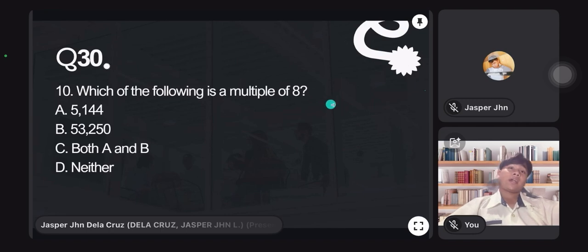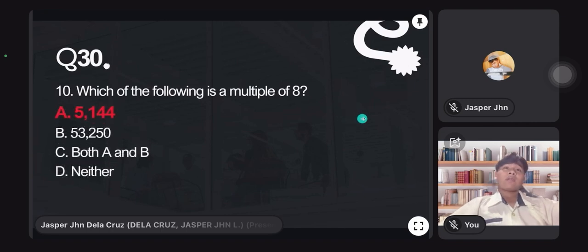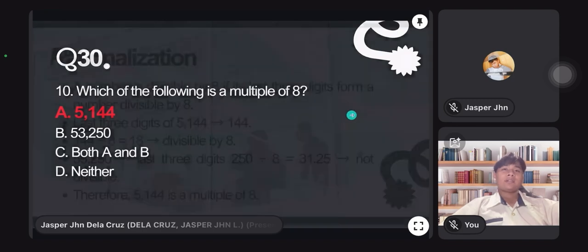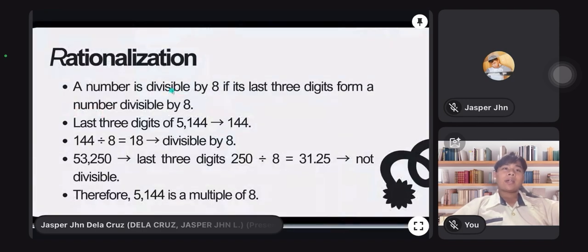So the correct answer there is 5,144. Right? A number is divisible by 8 if the last three digits form a number divisible by 8. And the last three digits of 5144 is 144. So is 144 divisible by 8?